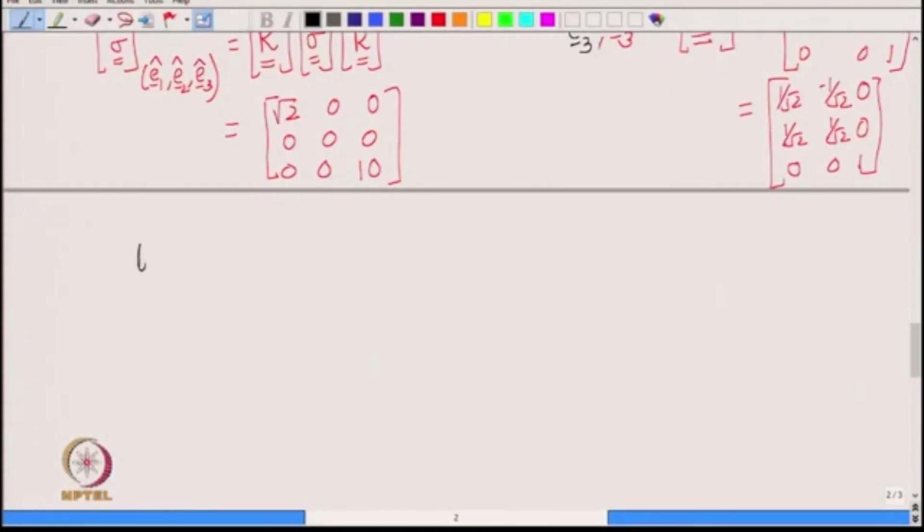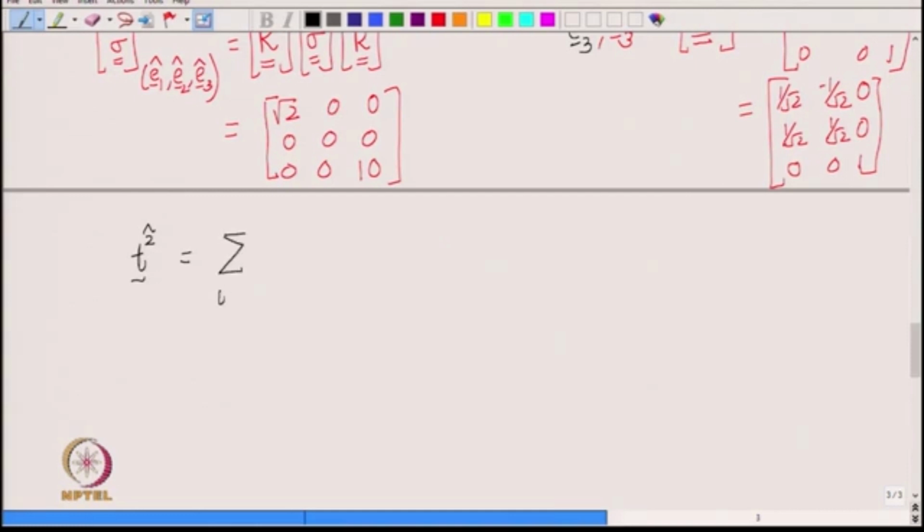So, T2 hat, as per the formula, is nothing but summation over I equal to 1 to 3 of T I times E 2 hat dot E I, right.